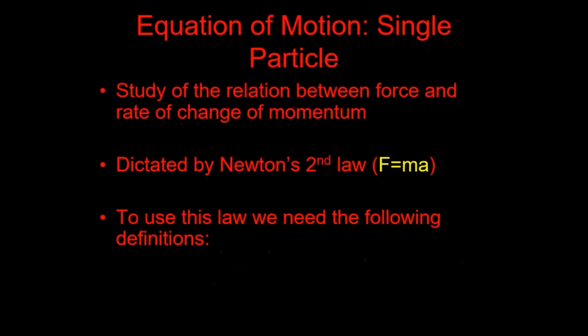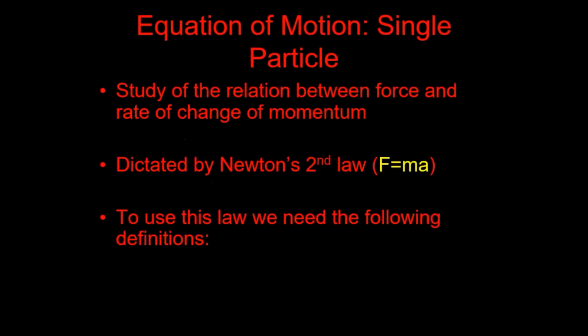So let's look at some particle dynamics. Let's look at actual examples and solve some problems through. By single particle dynamics, what we're really talking about is the relationship between force and the rate of change of momentum.